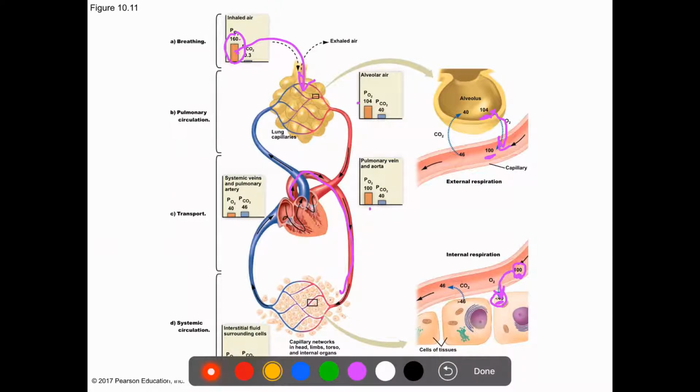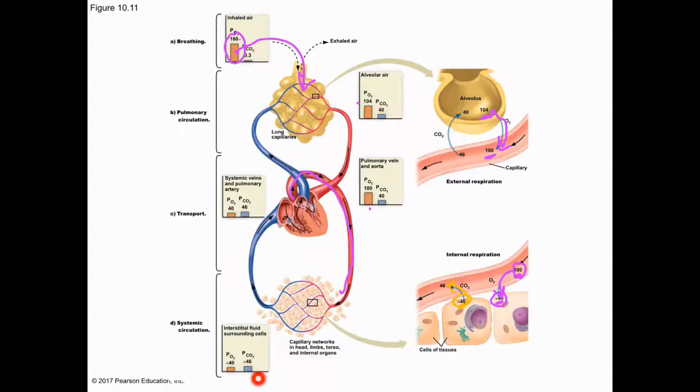Let's see now the CO2. CO2 within the cell is high, more than 46 partial pressure. CO2 would diffuse into the blood capillaries because CO2 within the blood is less than 46.